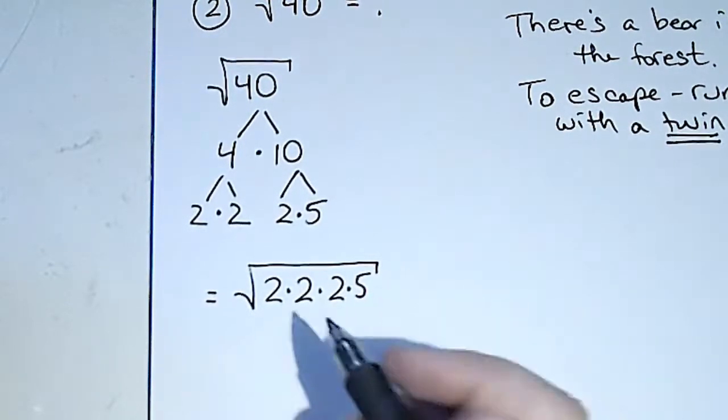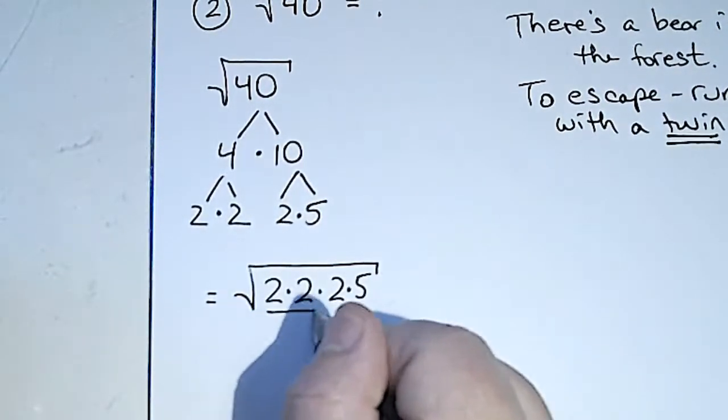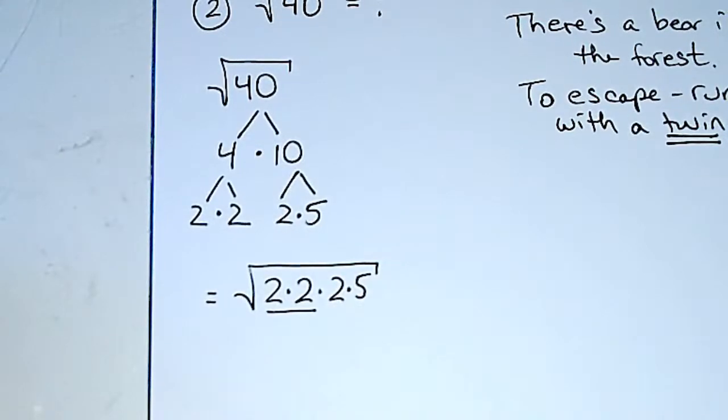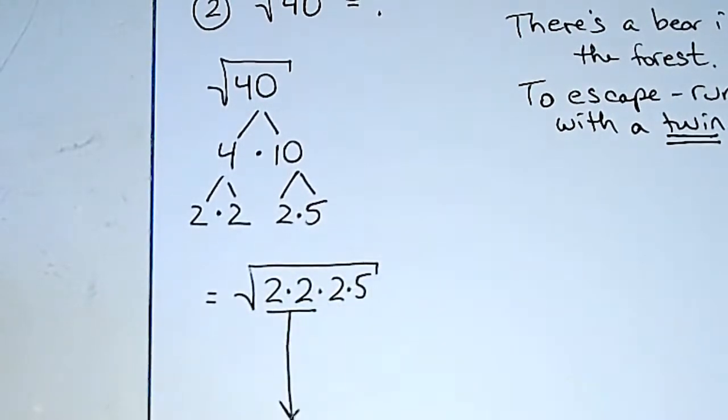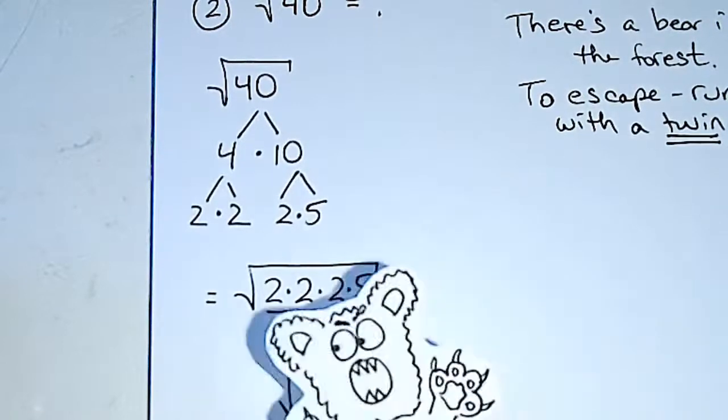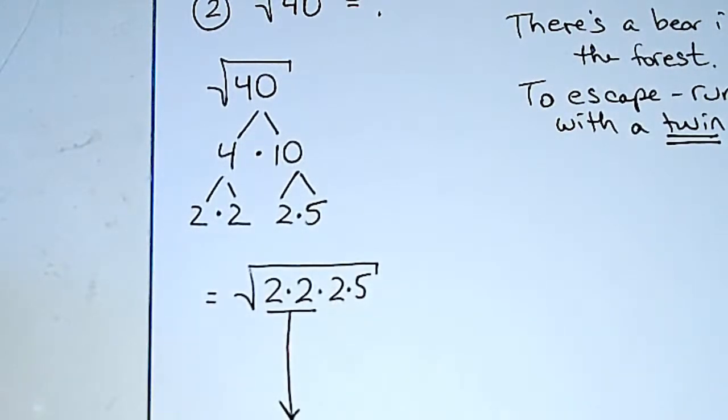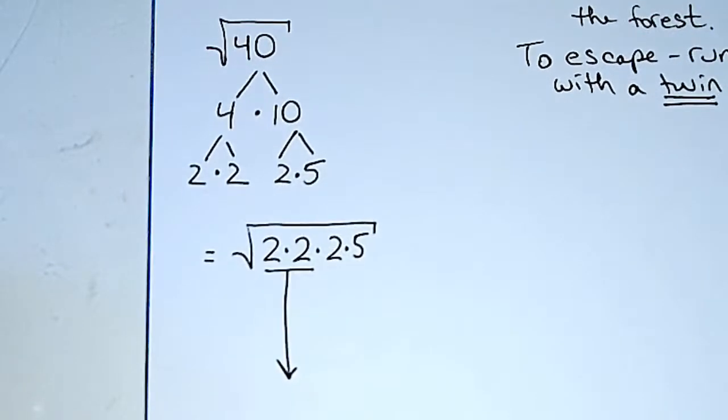So here's the thing. This 2 and this 2, they are twins. So we're going to let them run. Now, I could have picked any two of these. These two are going to run. Run, run, run. Here comes the bear. Okay, so sad but true. One of those twos did not make it. One of them gets out.